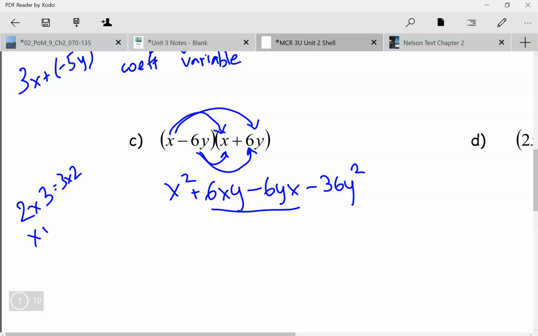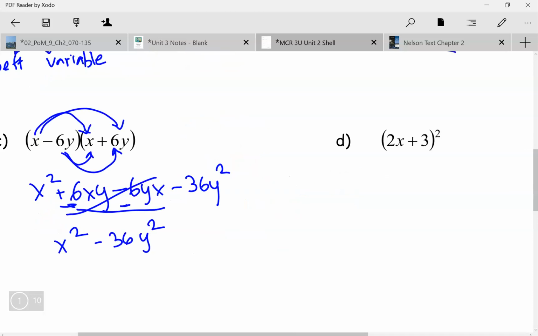So therefore x times y is the same as y times x. I should start writing my x's more clearly. But yeah. So these cancel out because you have a plus 6 and then a minus 6, so that becomes 0. So you're left with x squared minus 36y squared. And we'll talk about the formula a bit towards the end.